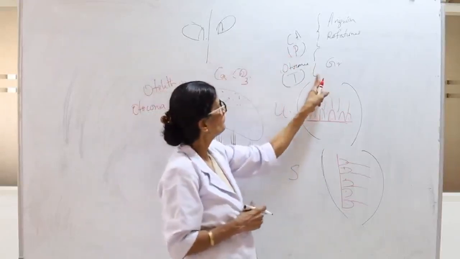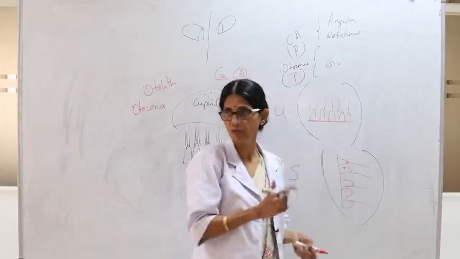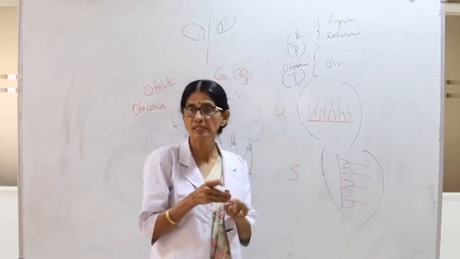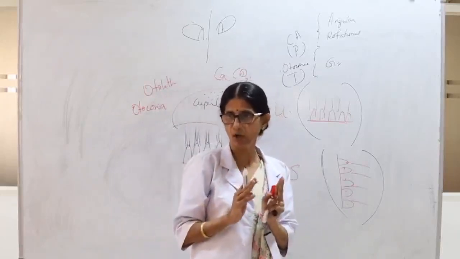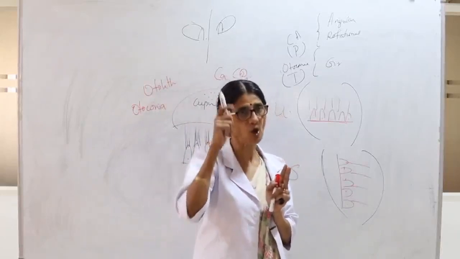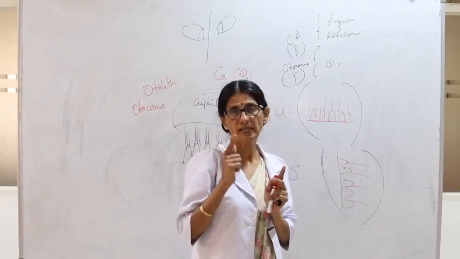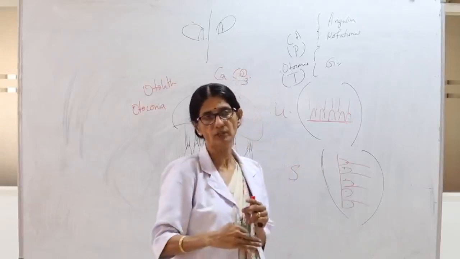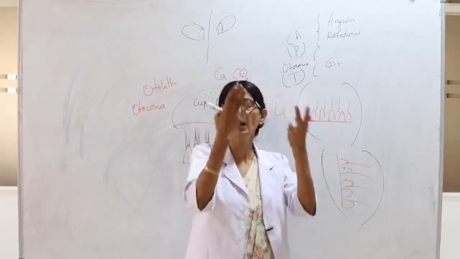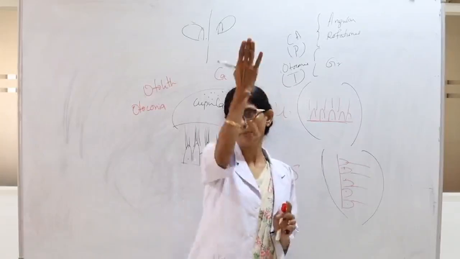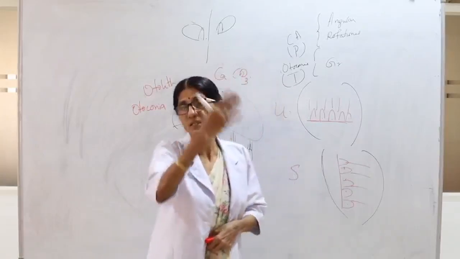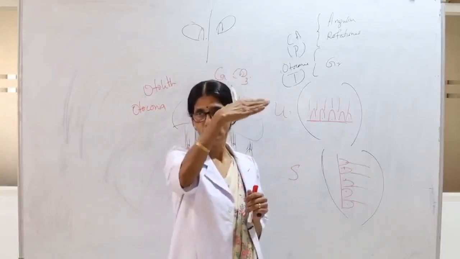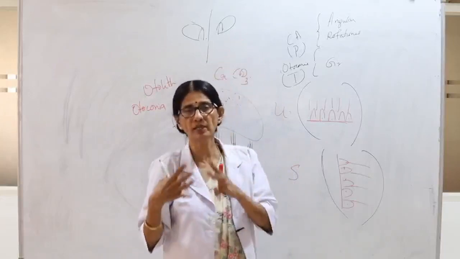But here, the otoconia, which are always under the influence of gravity, make us aware when we are inside a lift. Even if the lift is going up or down, we sense it, and we say the lift has started up, or the lift is going down, or the person is jumping up from a platform. When the plane is taking off, we know it. When the plane is going to land, that also is sensed.